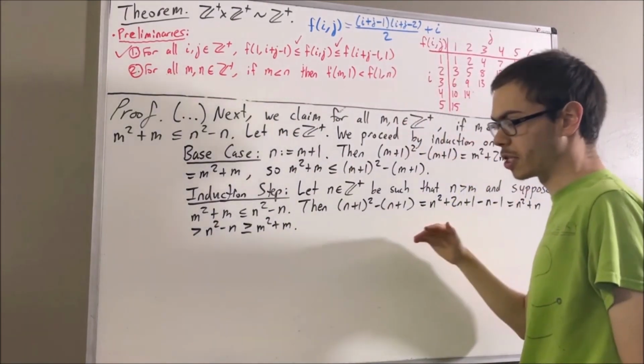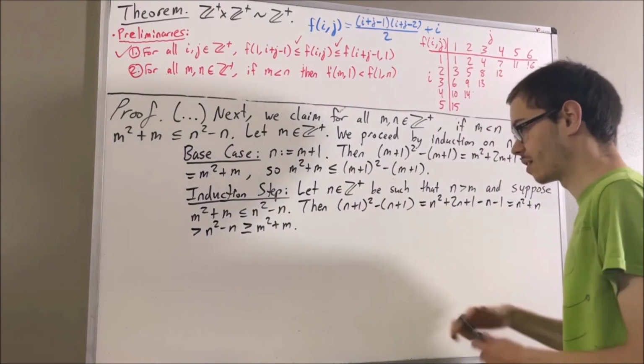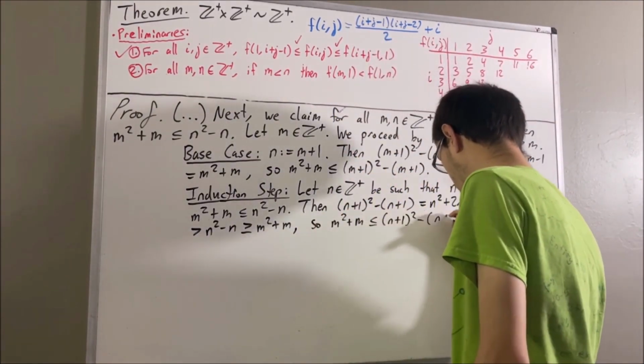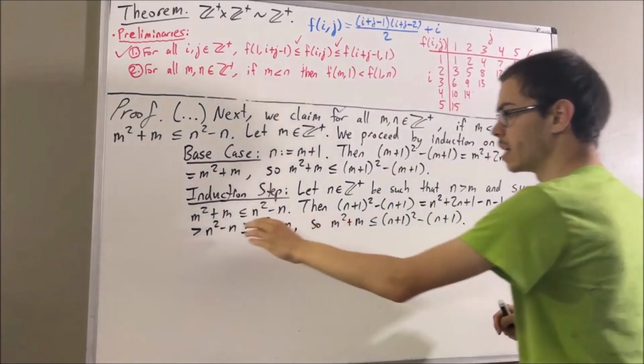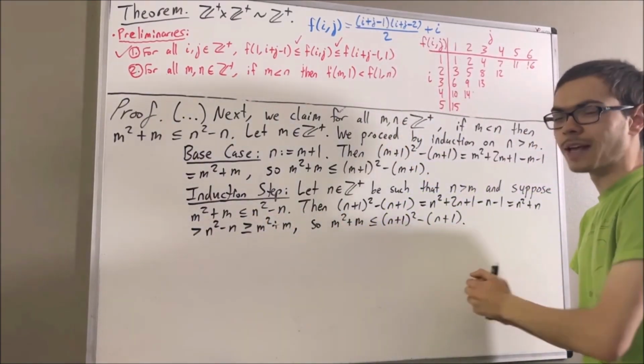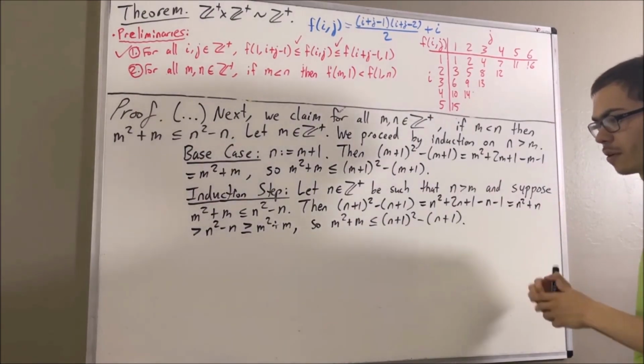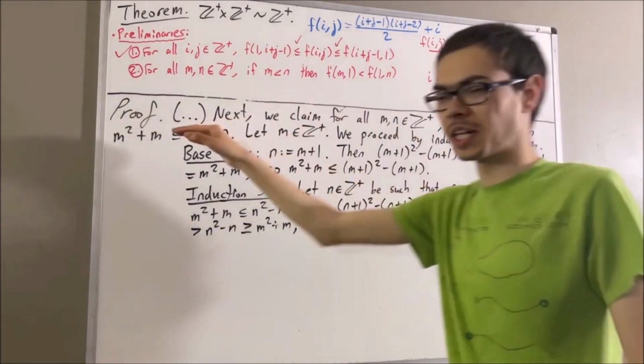So what we've established here is that this is less than or equal to this. Which means we have proven that this is true if instead of n, we have n plus 1. And that was the whole goal of the induction step. So this completes the induction step. And therefore, this proves the claim.